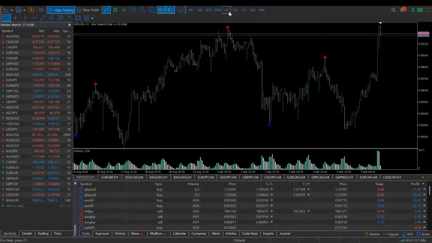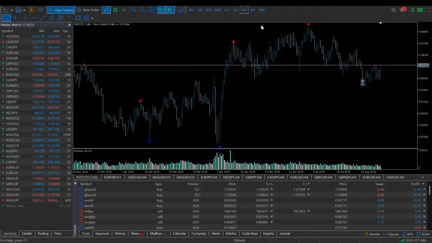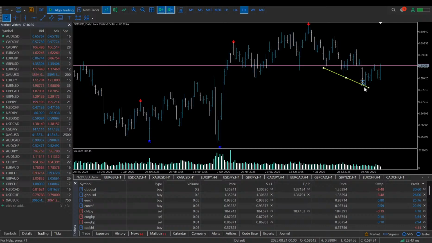So we just saw a break to the downside based on previous movement, and what we saw was that NZD/USD created lower highs, which becomes a channel down anyway. So now I'm expecting it to range for some time before we see a push to the upside.